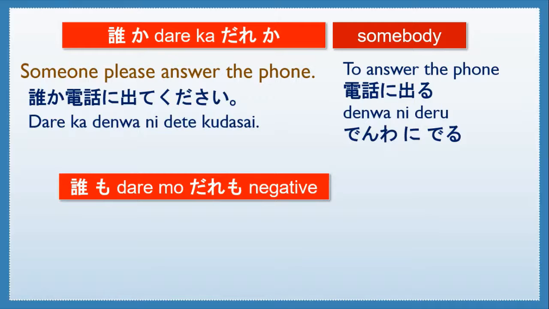It's enough if you just know this 誰か is somebody. Later on, I'll cover this topic about the te form of verbs.